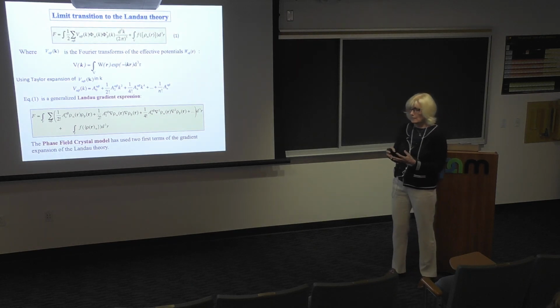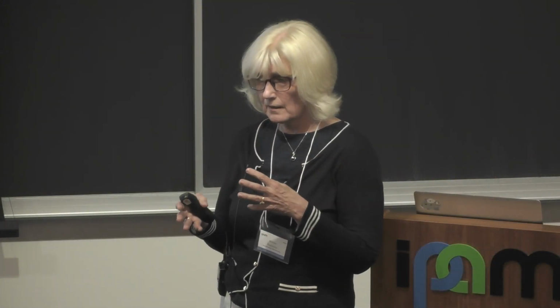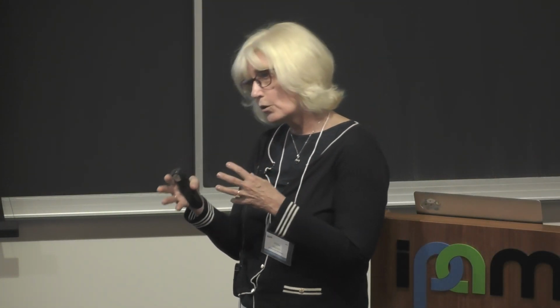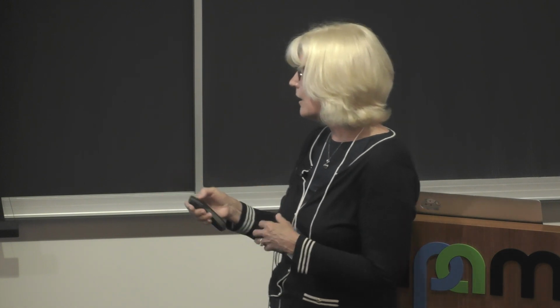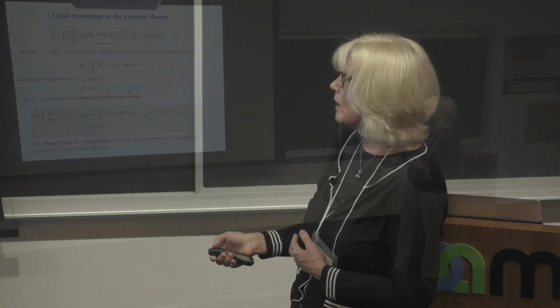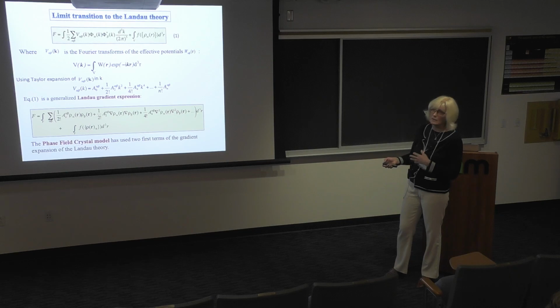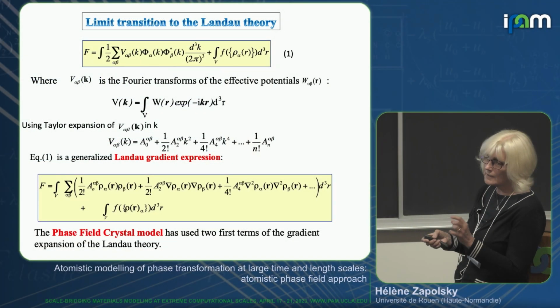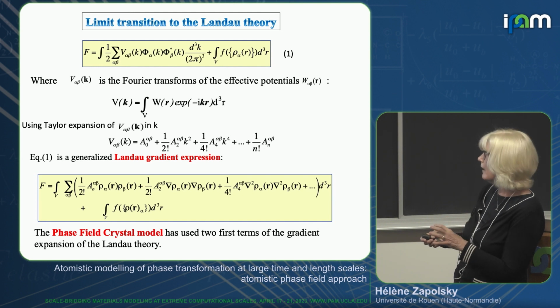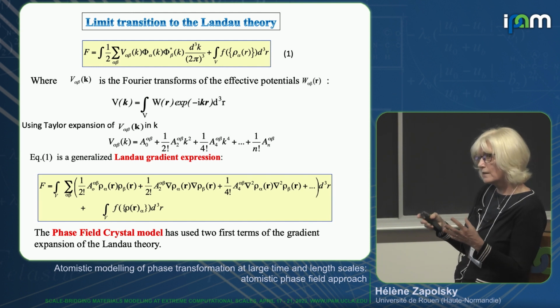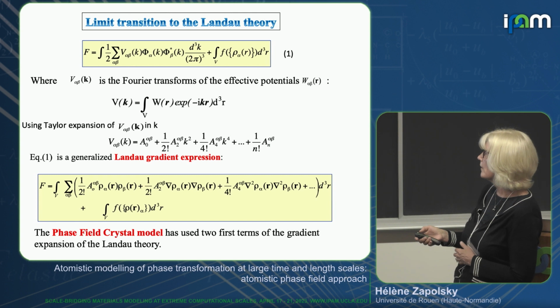So there is a link between the microscopic description and the phase field description, because it is just a Taylor expansion. For example, if I cut at k2, it's traditional phase field modeling. If we cut at k4, the mesh of the simulation will be smaller, and in this case we go to PFC modeling.